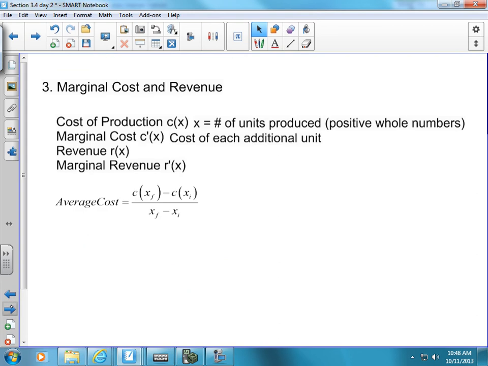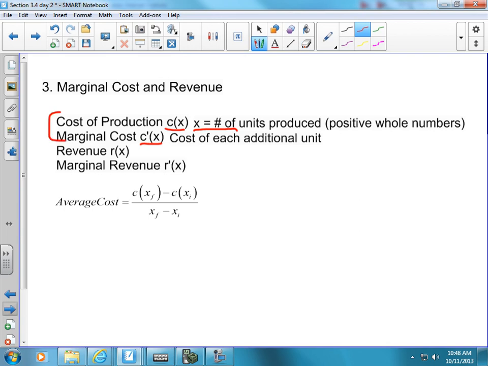The last application is marginal cost and revenue. This is an economics problem. These are a lot of the variables we're using for cost. We have C of x for cost. x is our number of units. The marginal cost is the cost to produce one additional unit, and that is obtained by taking the derivative of cost.